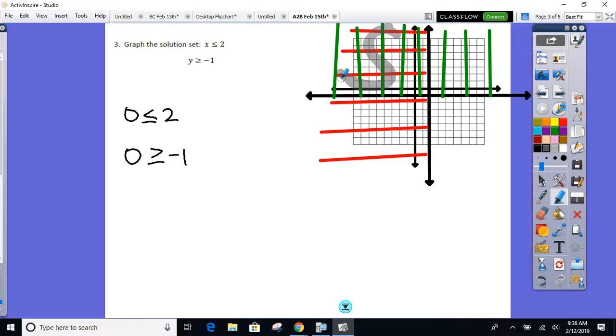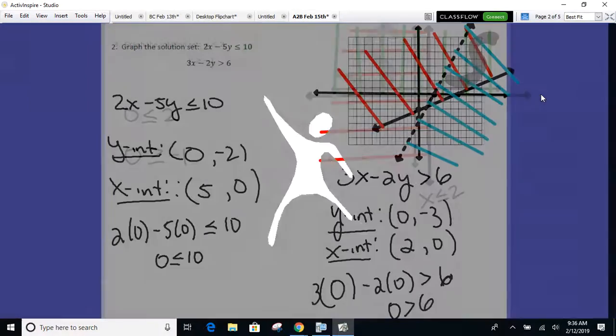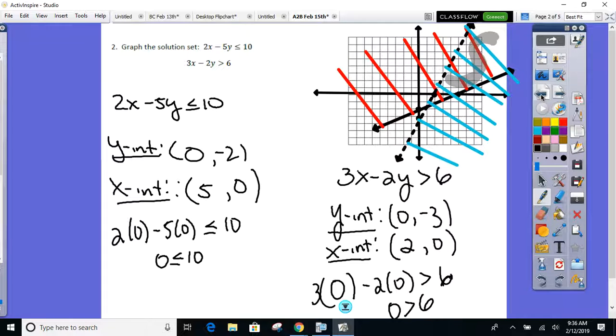Oh, nice. Yeah, I got to label at least one of them. Son of a gun, you got me. So x is less than or equal to 2. You don't need to do both. And then let's see, this one was 2x minus 5y less than or equal to 10. Yep.